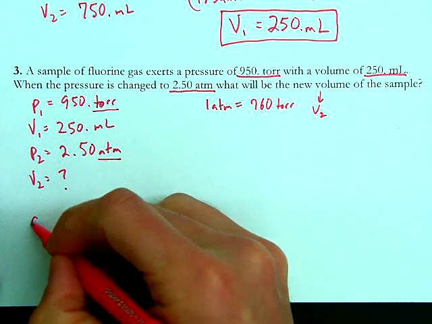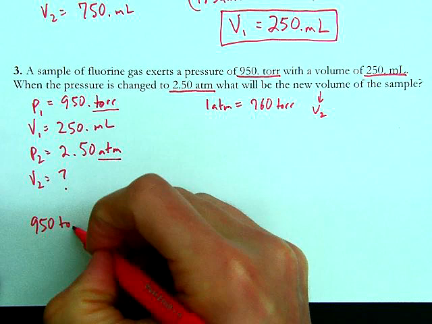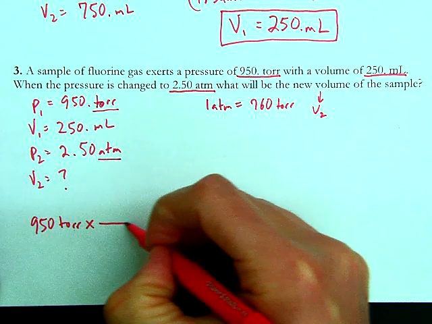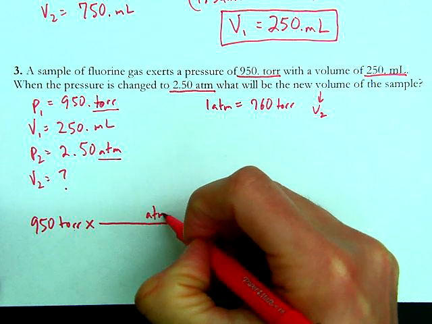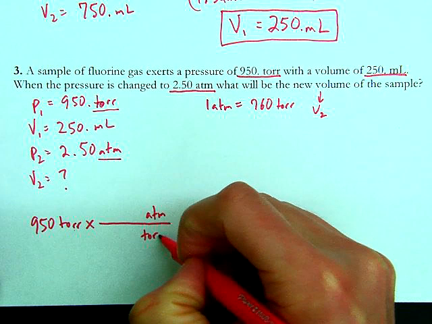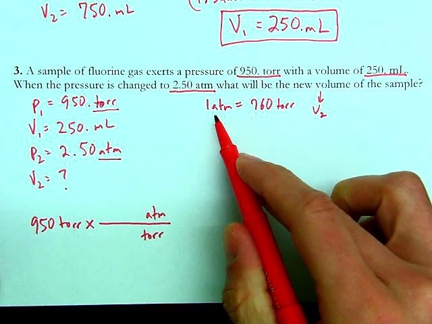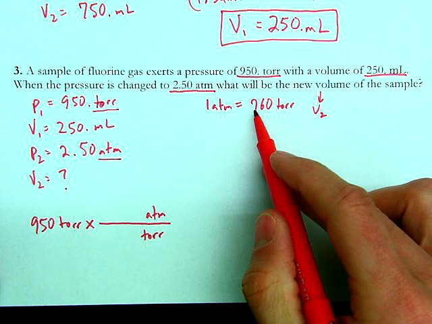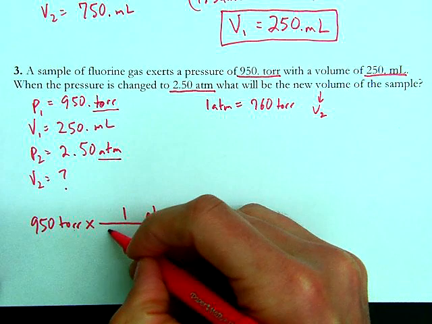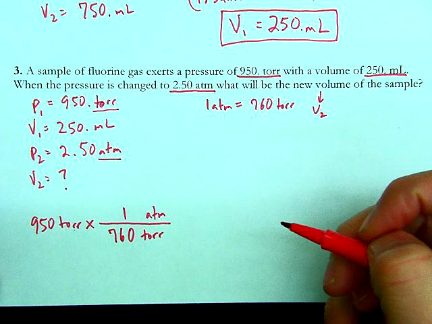Okay, so if I take 950 torr, to convert it, I say times something over something else. What I want to find goes on top, so atm goes on top, and what I'm given, torr, goes on bottom. And we're going to use the numbers from the equivalent statement to set up our conversion factor. So 1 atmosphere over 760 torr.